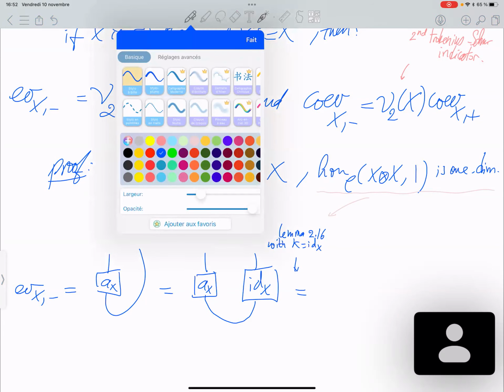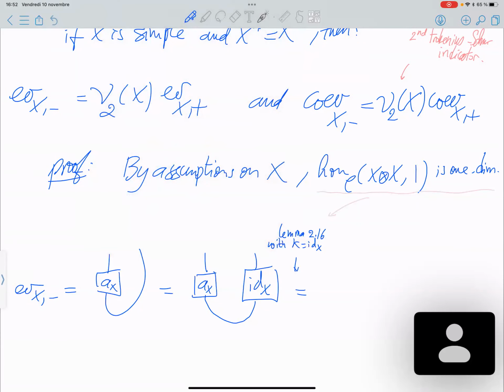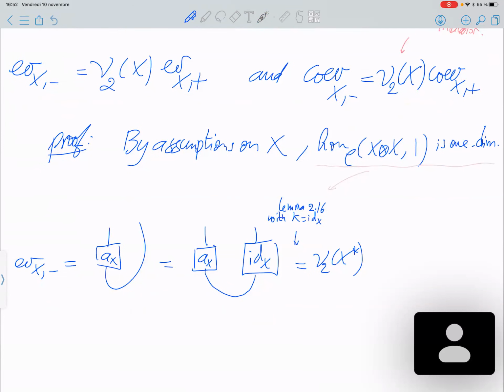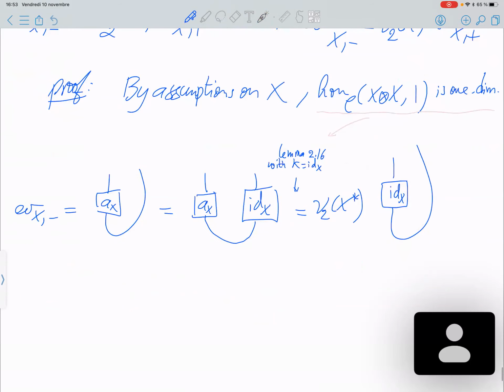So this lemma is saying that you can move kappa to the other side, you remove it here, you move kappa there, and you put some Frobenius-Schur indicator. This is exactly what the statement of the lemma is saying. But this is equal to the second indicator of X times the evaluation map of X plus, because here this is just the identity.